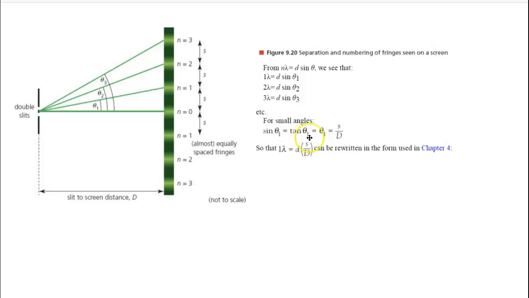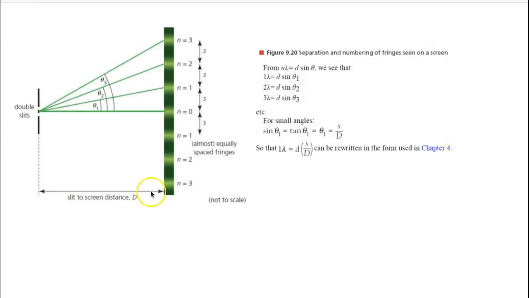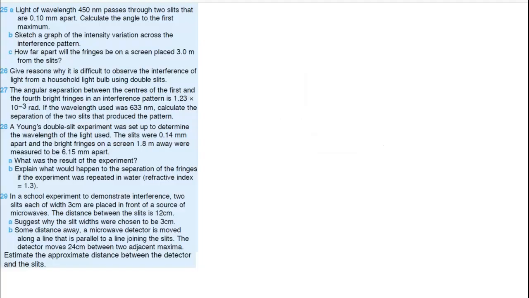Because tan theta is equal to S over D, you can replace this sine theta with S over D. And so your equation becomes lambda equals d S over D, which is the way that we apply this equation in topic 4.